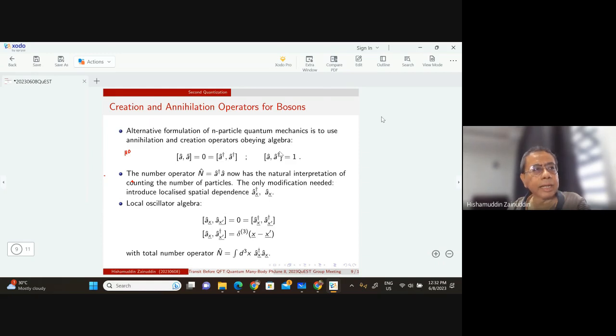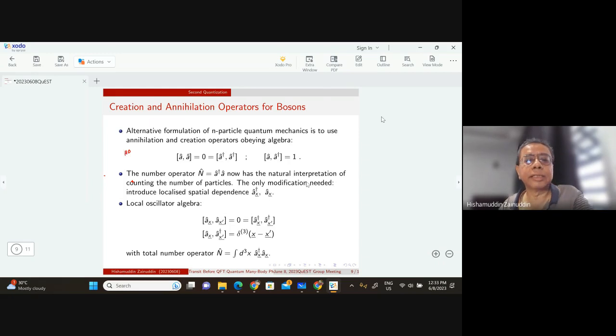You can combine your operators using the usual definition of creation and annihilation operator, and it doesn't need that potential. The harmonic oscillator potential does not need to be there.